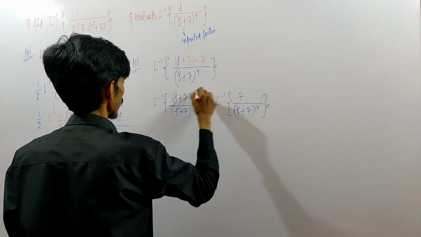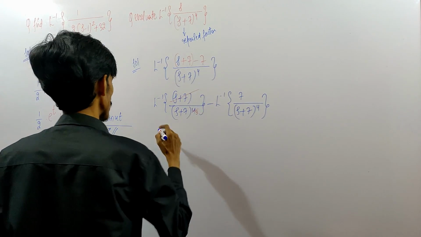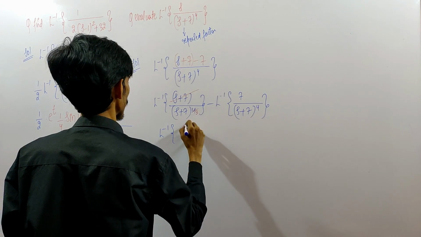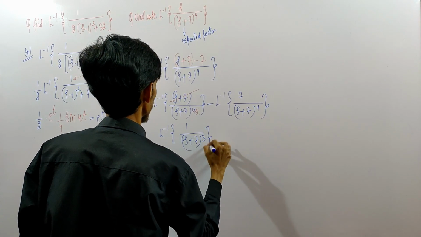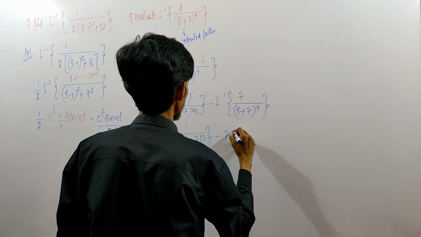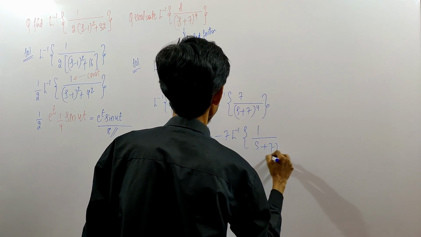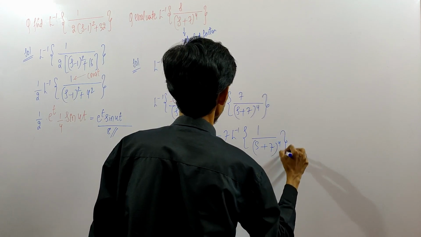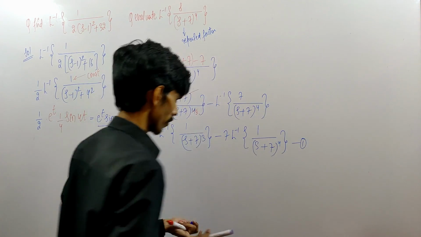Now one factor will get cancelled, and we have only 3 factors. So we have L inverse of 1 by (s plus 7) whole power of 3 minus, taking 7 outside the L inverse, 1 divided by (s plus 7) whole power of 4. Take this as equation 1.